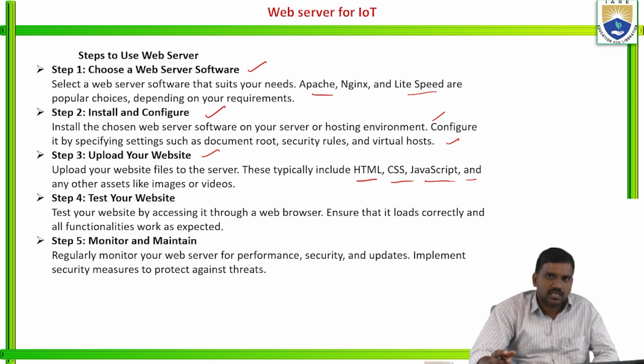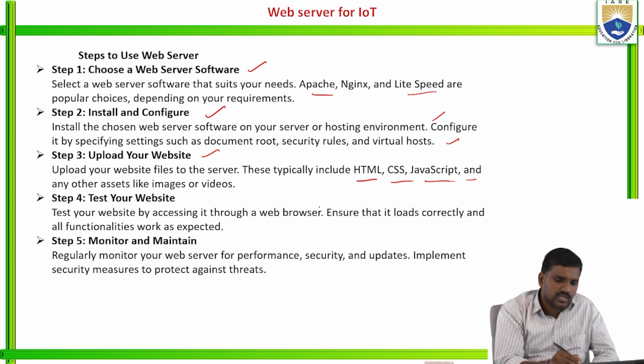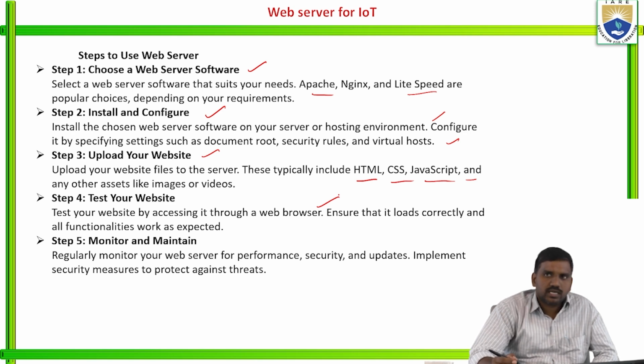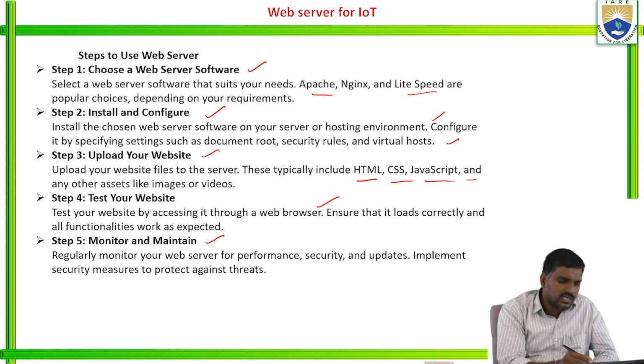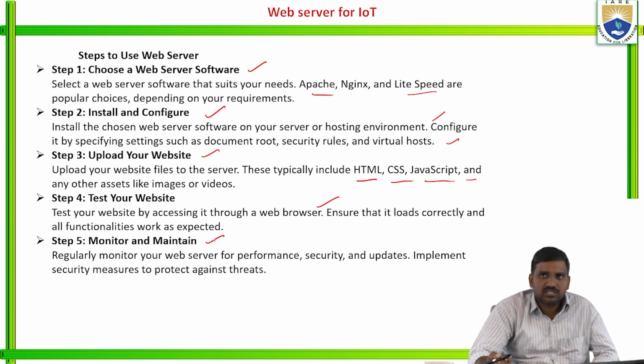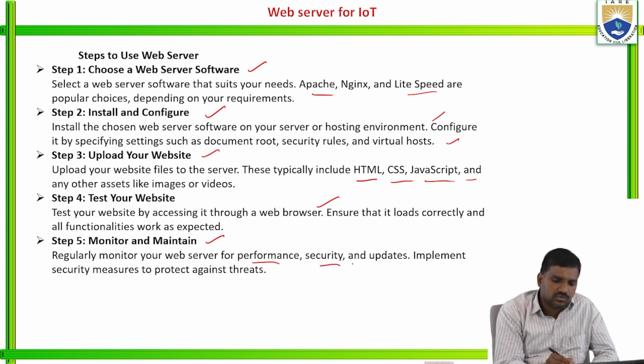And test your website. After uploading the data, you can test whether it is working fine or not. Test your website by accessing it through the web server. Ensure that it loads correctly and all functionalities meet our goals. Next, monitor and maintenance. Regularly monitor your web server for performance, security, and updates.